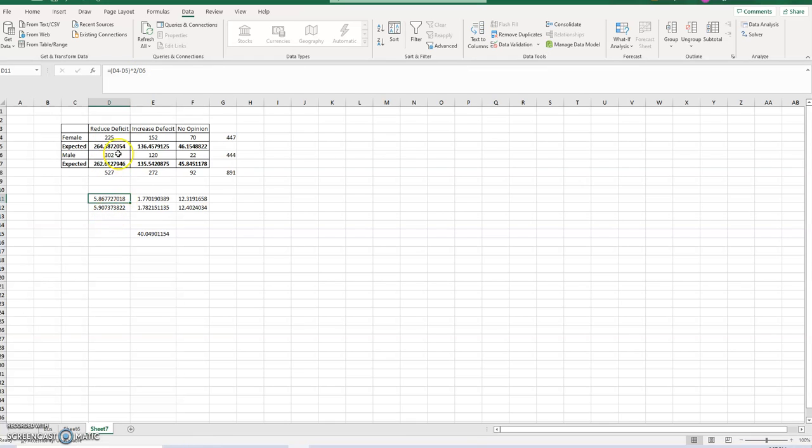So for each one of these 6 entries, we're going to compute the difference between the actual and the expected, square that value, and then divide it by the value in the expected column. If you compute all 6 of those numbers and add them up, this will be your chi-square value. And then you can compare that to the critical value that comes from the chi-square table.